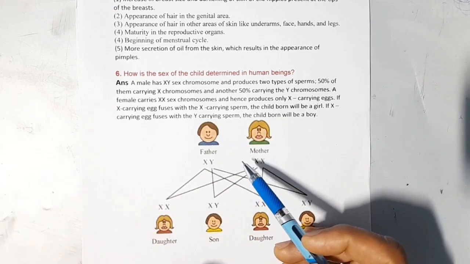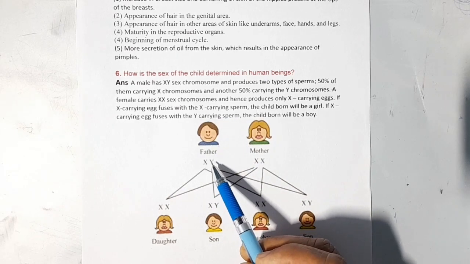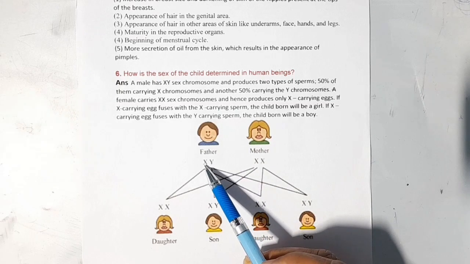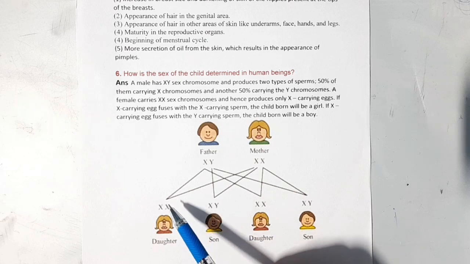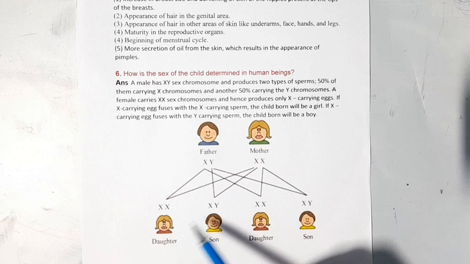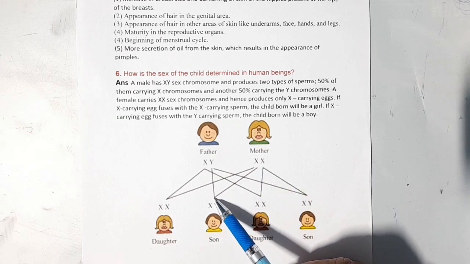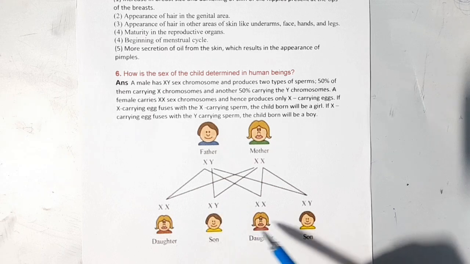Now see in this figure, father or male has XY chromosomes, whereas mother or female has XX chromosomes. If the X chromosome of father and the X chromosome of mother meet, then the result will be a daughter. If the Y chromosome of father and the X chromosome of mother meet, then the result will be XY and they will have a son.